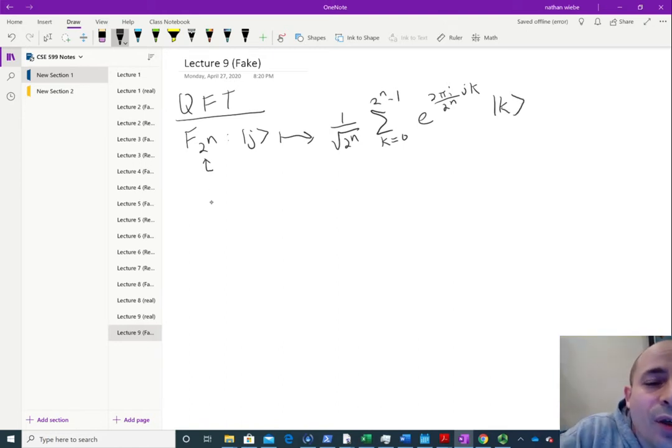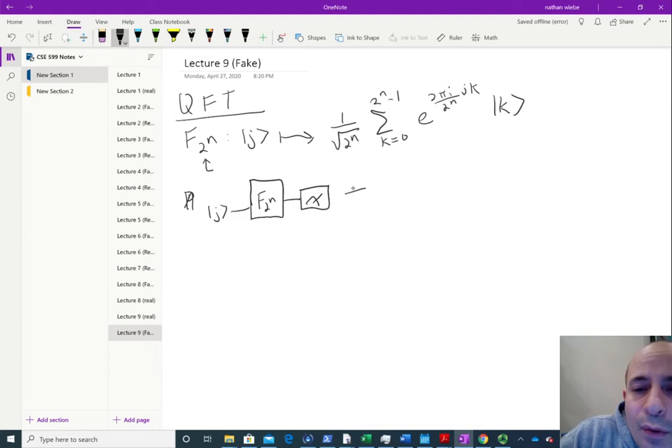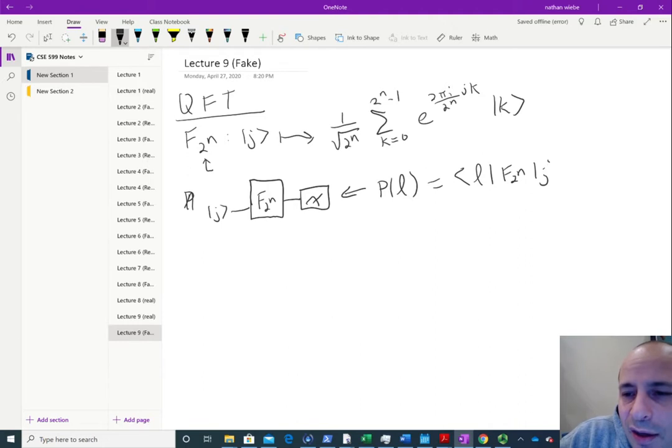Note that if we were to apply the quantum Fourier transform, we put in |j>, apply F_{2^n}, and measure coming out, the probability that we get measurement outcome l is just equal to |<l|F_{2^n}|j>| squared, which, of course, is equal to 1 over 2^n for all j.